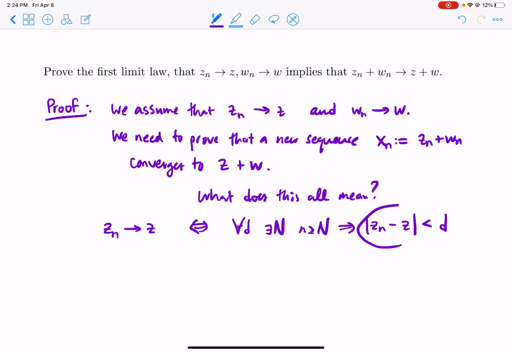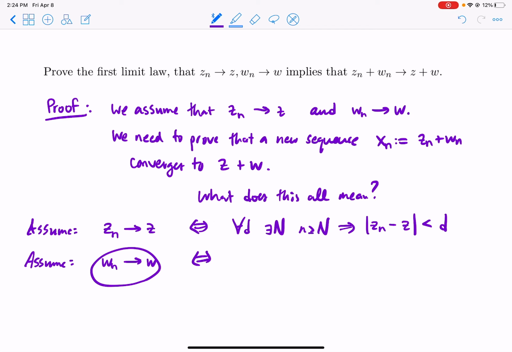Okay, so we have control over Zn minus Z because we are assuming this. Also, we are assuming, and I'm going to help my reader by reminding them what it means, Wn goes to some complex number W means the same thing. We have control over the difference here.